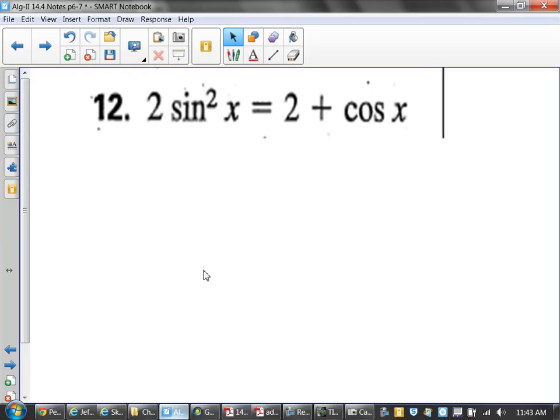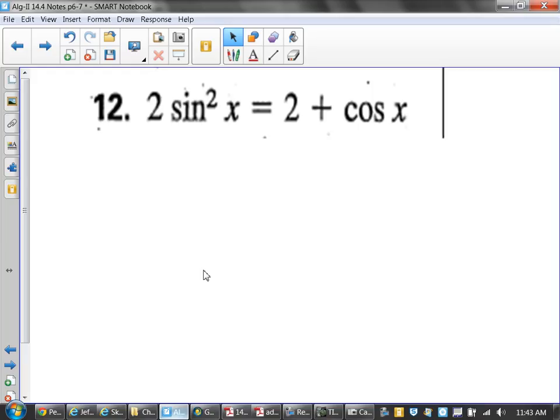So let's see where we're at here. I've got 2 sine squared equals 2 plus cosine. In this scenario, there are 2 different trig functions going on here. Also, I want you to notice that there's a squared term and a non-squared term.